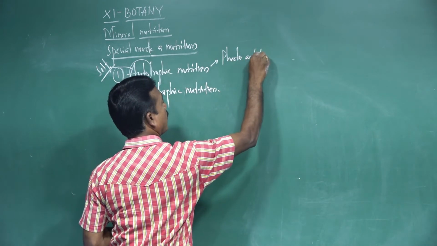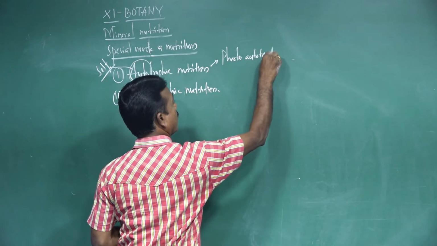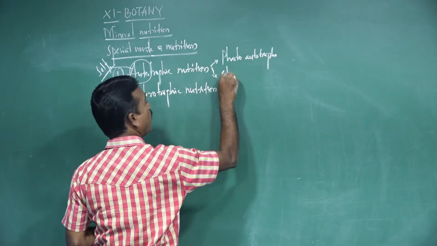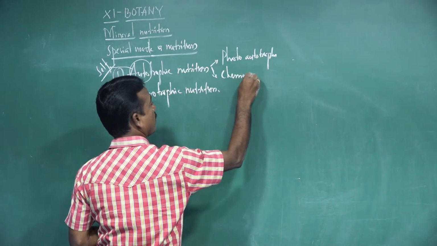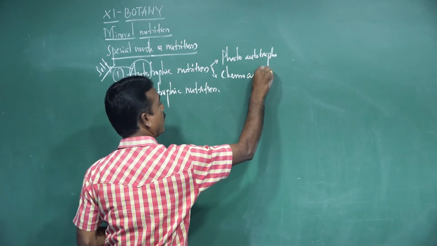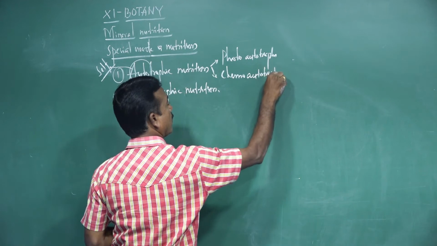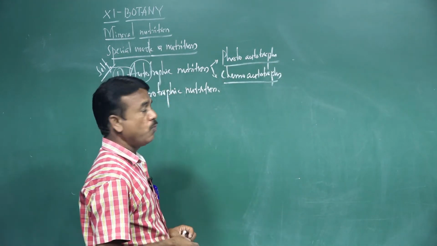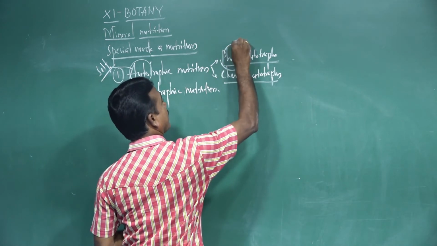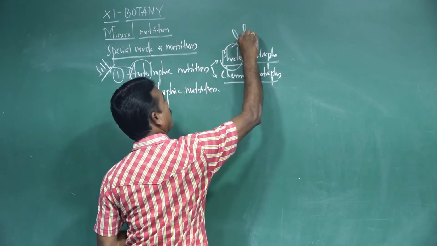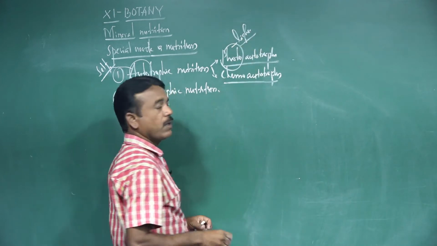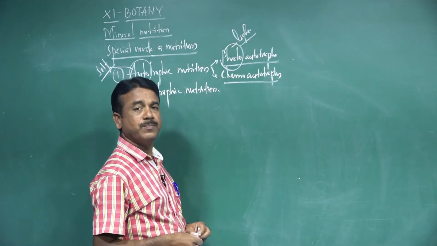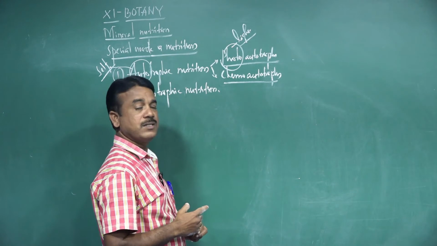photoautotrophs, then chemoautotrophs. What do you mean by photoautotrophs? Photo means light. Some living organisms prepare food materials in the presence of light.